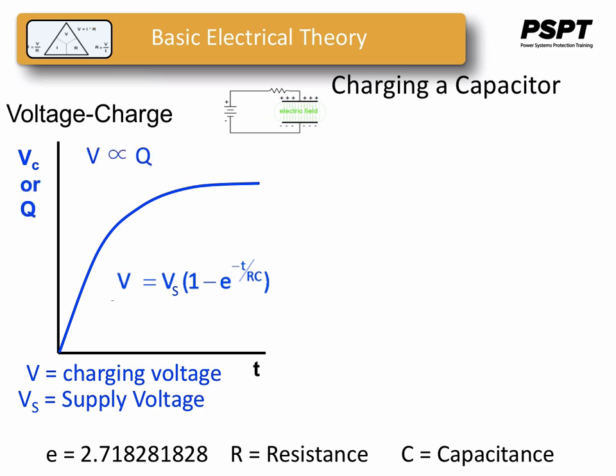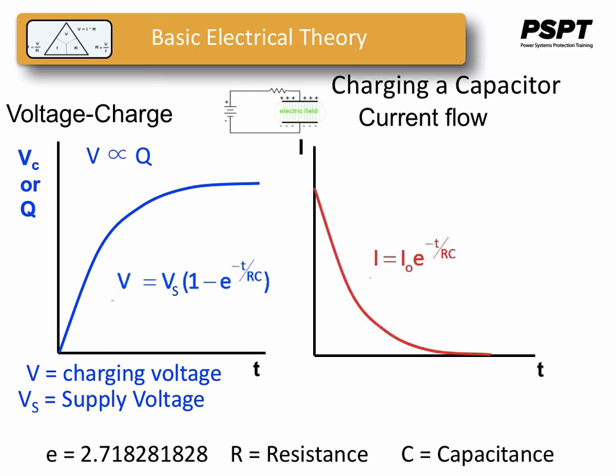Also, because the charge on the plates is directly proportional to the voltage across the plates, this curve also describes the rate of charge on the plates. Of course, it has to be scaled, but it's the same curve in calculating the charge on the plates.